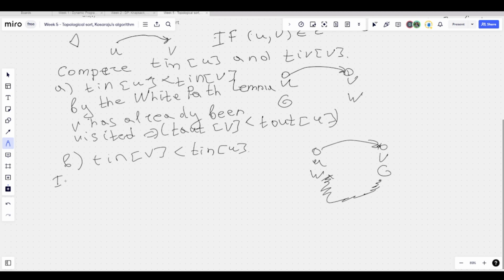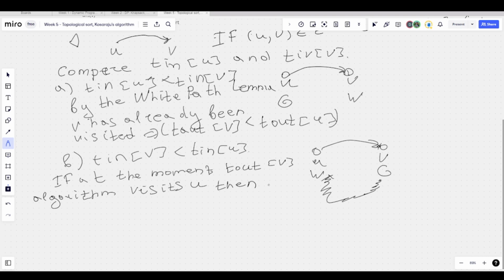So if at the moment T out of V the algorithm visits U, then the graph contains a cycle. That's a contradiction.